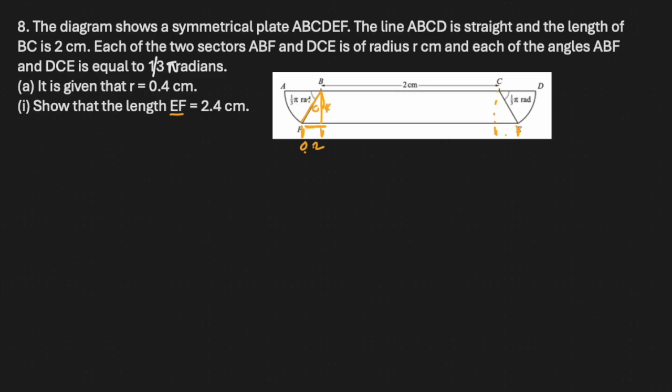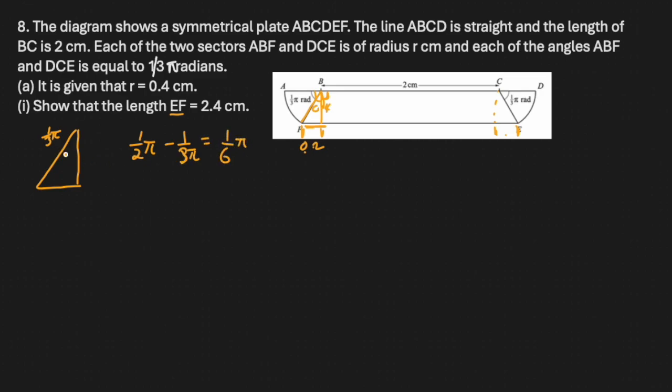If this is 1 over 3 pi, let me redraw the triangle here. The angle outside is 1 over 3 pi, and if this is 90 degrees, this is pi by 2 and this will also be pi by 2. So 1 over 2 pi minus 1 over 3 pi gives 1 over 6 pi.